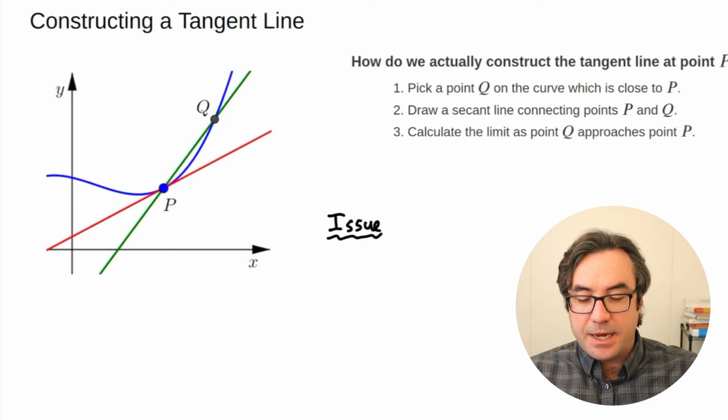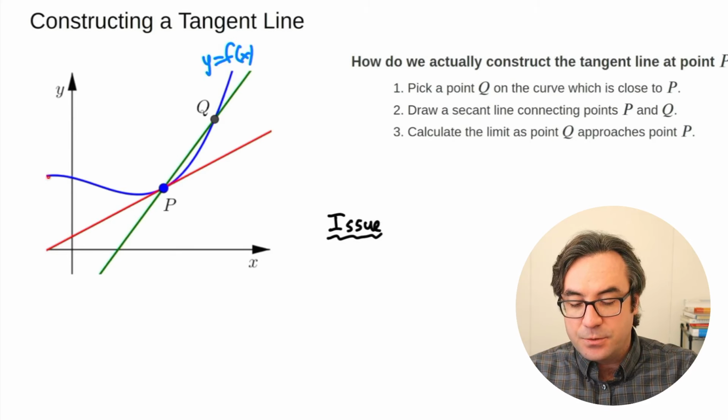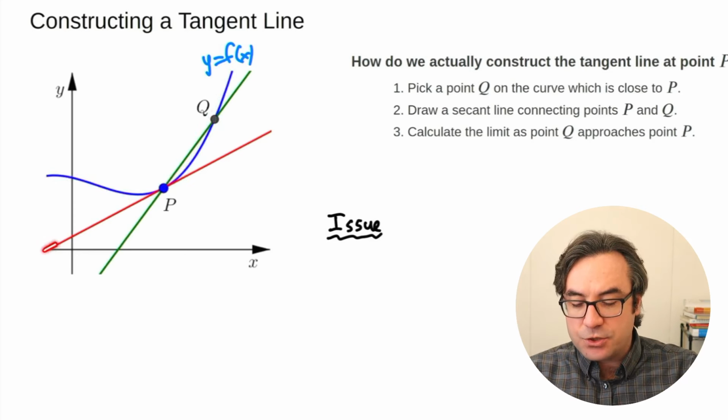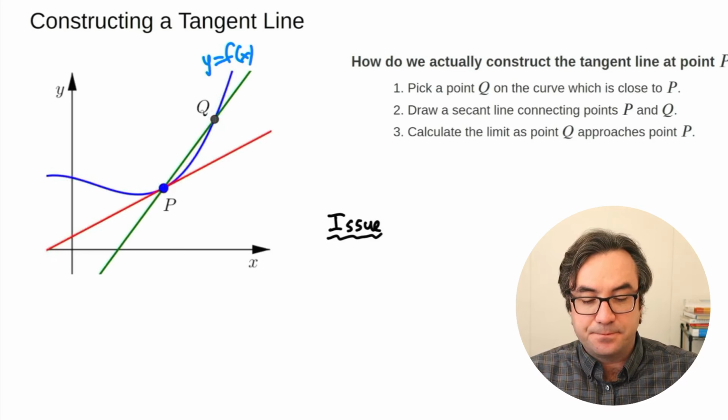On our diagram here, we have a function y equals f of x. So here's our curve, and we want to construct this tangent line. Here's our tangent line at some point P. How do we do it?